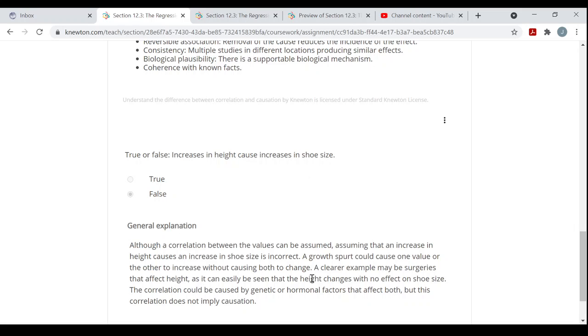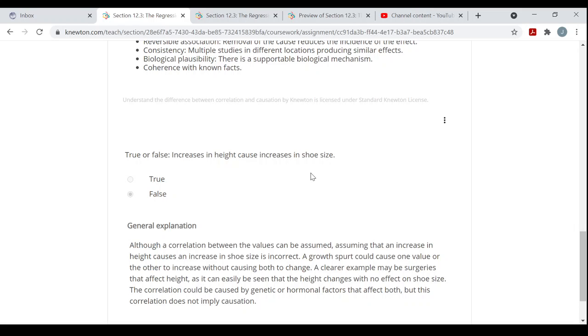As they describe down here, there may be other outside factors that increase shoe size as well, like hormonal imbalances, changes in the chemical makeup of your body. And you can increase height without increasing shoe size. That happens to many people, with either surgery or some sort of hormone treatment, or it just happens sometimes. People grow taller and their shoe size doesn't increase all that much.